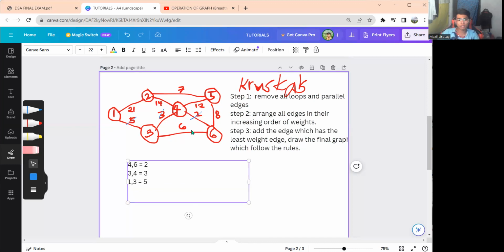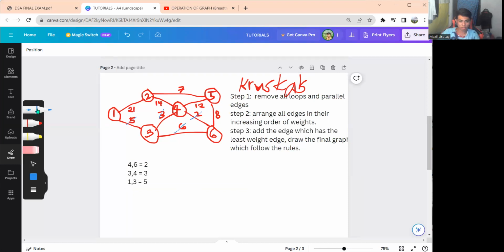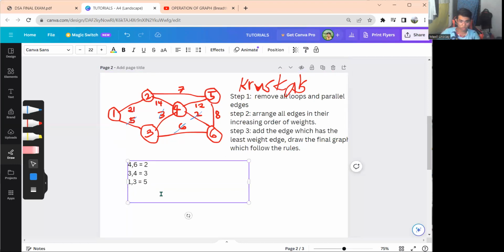Then next to that is number 6, which is 3 to 6. Just do update. 3 connected to 6, adjacency, which is 6. Then after that is the 7 value, which is 2 to 5, which is 7.